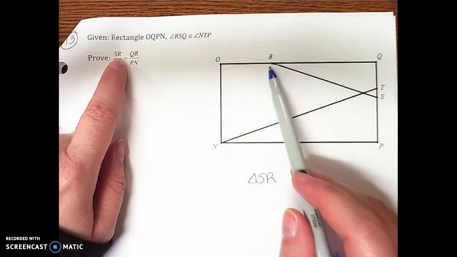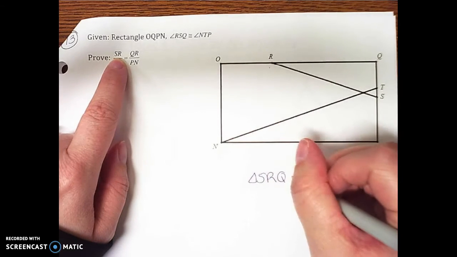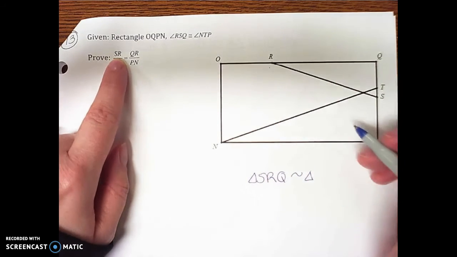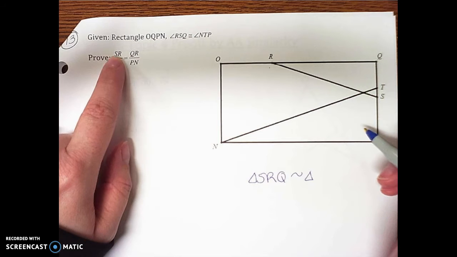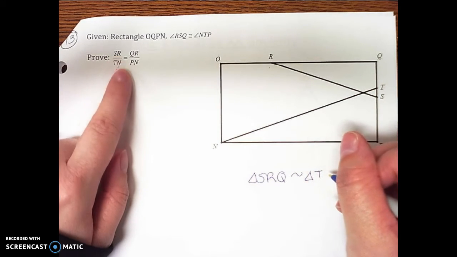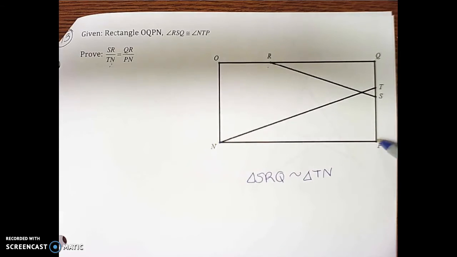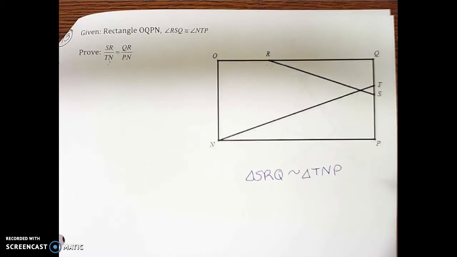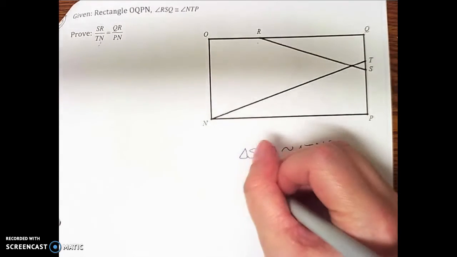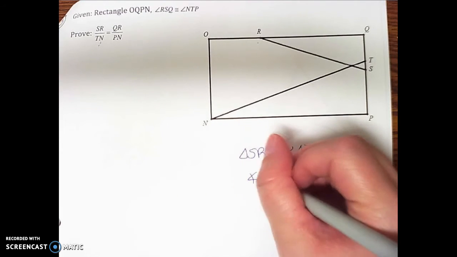So I have SRQ is the third point of my triangle, similar to triangle, and I know, again, this is telling me S corresponds with T, R corresponds with N, and then again, I'm just finding that third point. So T, N, P. And there's my similarity statement. So I'm just going to write my congruent angles and sides that are in proportions.